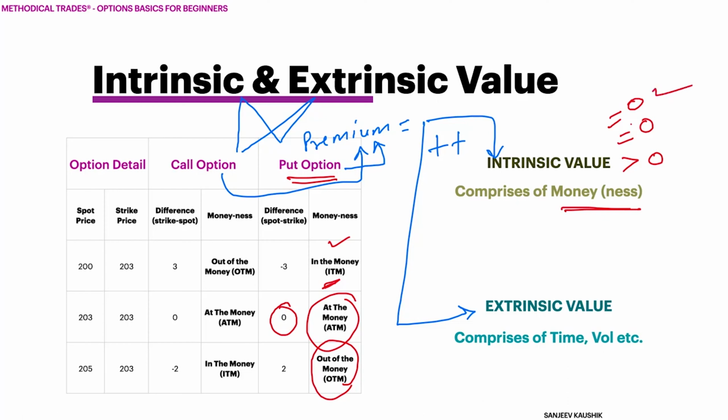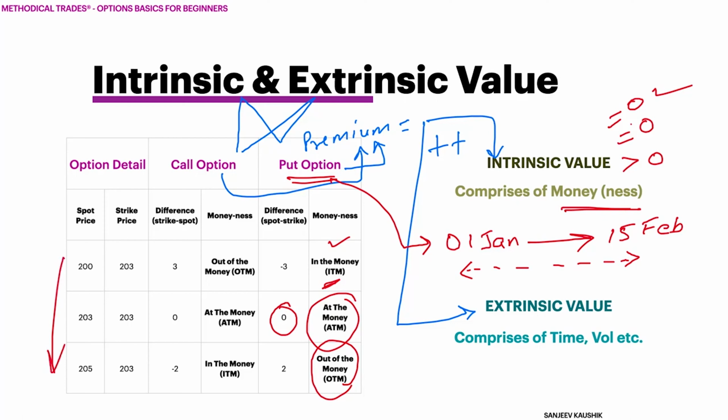But if we take an example where this put option is purchased on 01st of January and is going to expire on 15th of Feb, then you would see that there's roughly 45 days in between these two dates. And therefore, in these 45 days, this pricing dynamic can change drastically.